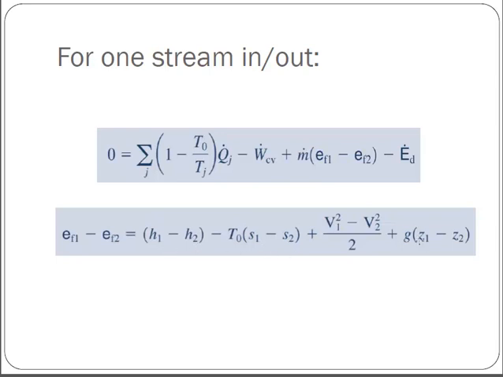So in practice, I really don't need to know the properties at the dead state. I only need the temperature and pressure, because temperature will show up here. Actually, I guess I really don't even need the pressure for this particular formula. So I can calculate exergy change for a flowing process with one stream in and out, and I can use this to calculate exergy destruction.